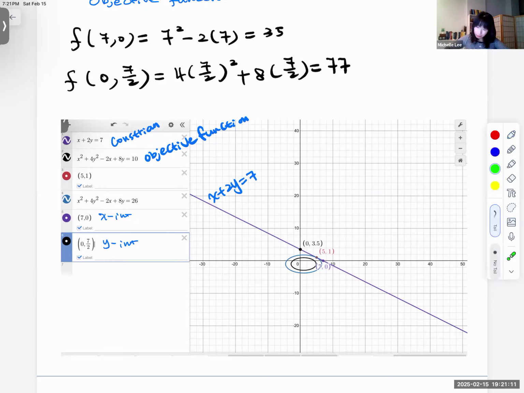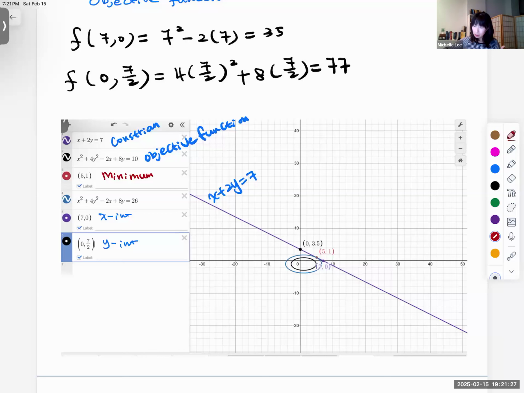And then let's take a look at (5, 1). That is the minimum, right? So we concluded this is a minimum earlier. But then why do we ensure to pick the x-intercept and y-intercept, right?